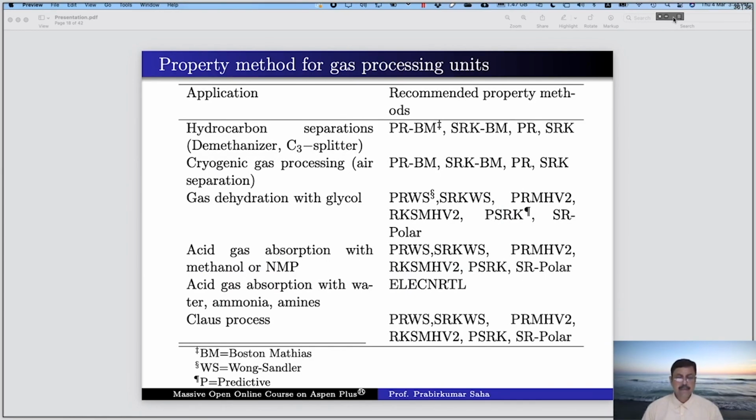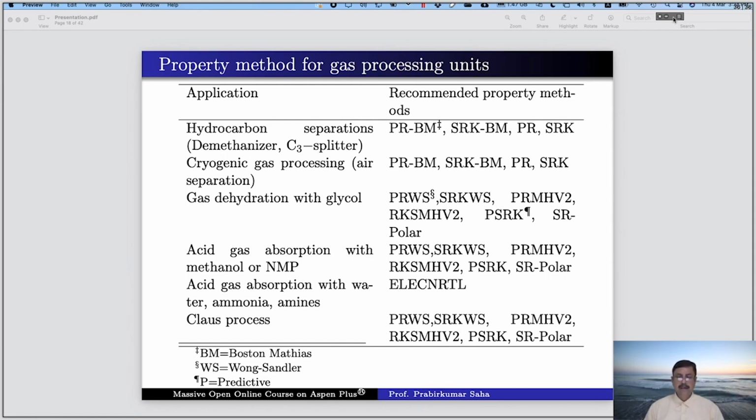We have several applications and the corresponding recommended property methods. So we have hydrocarbon separation such as demethanizer or C3 splitter. For that we can use PR-BM, that is the Peng-Robinson Boston-Mathias property method, or the Soave-Redlich-Kwong Boston-Mathias property method.